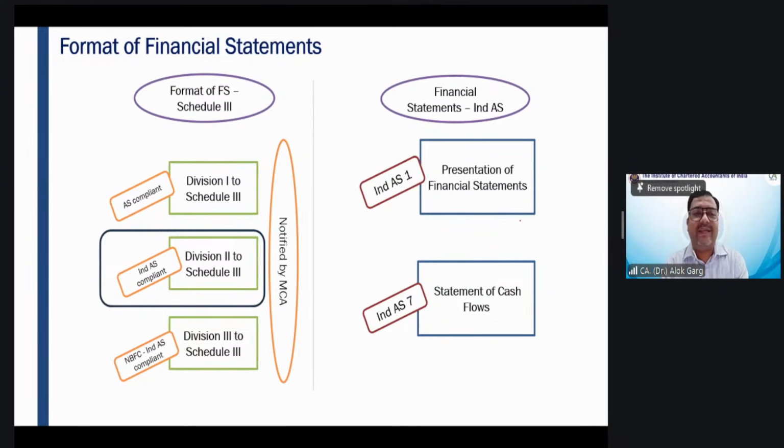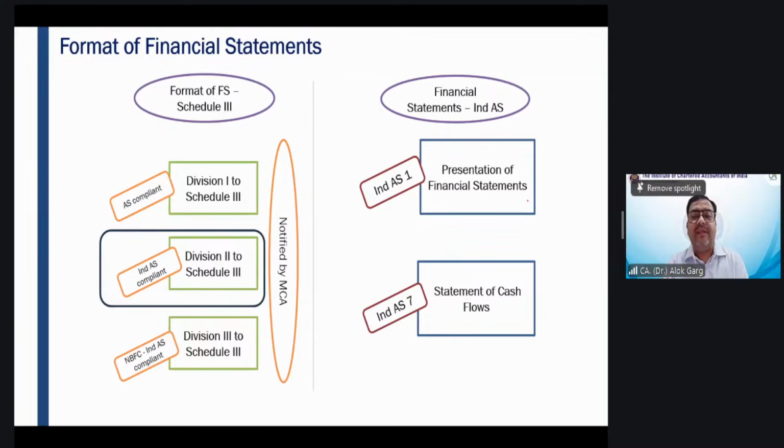One, Ind AS 1, which deals with the presentation of financial statements. And when I say financial statements, it is balance sheet, P&L, cash flow, statement of changes in equity, and notes to accounts. But for the purpose of the cash flow statement, Ind AS 1 refers to Ind AS 7, right?